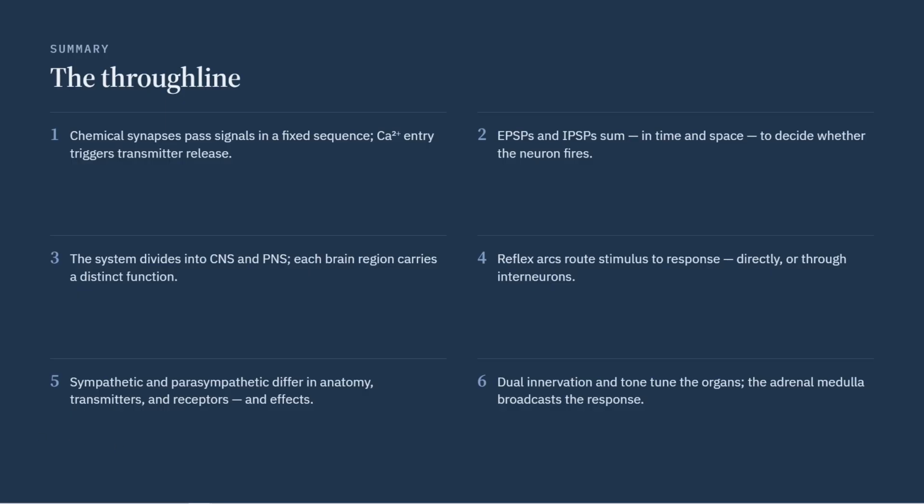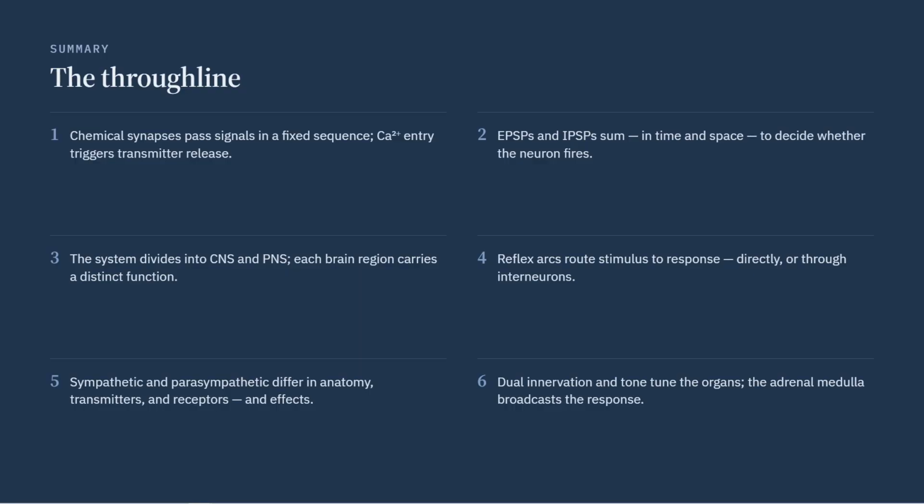Let's tie it all together. We started small. Chemical synapses pass signals in a fixed sequence, and calcium entry is the trigger for neurotransmitter release. Those signals arrive as EPSPs and IPSPs, which sum over time and space to decide whether a neuron fires. Then we zoomed out. The system splits into central and peripheral, with each brain region owning a specific job.